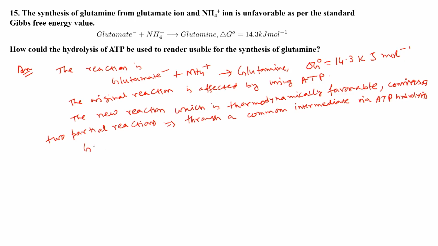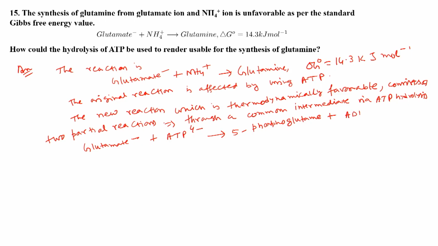So, glutamate minus plus ATP 4 minus gives 5-phosphoglutamate plus ADP.